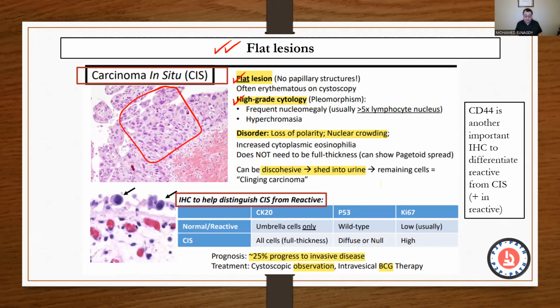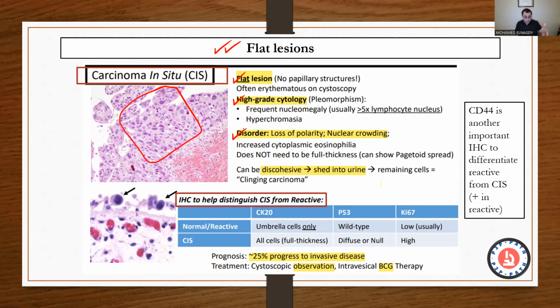And then when you look at how the urothelium is organized, there is loss of organization of the cells. This is what we call loss of polarity or disordered polarity, and crowding of cells on top of each other.